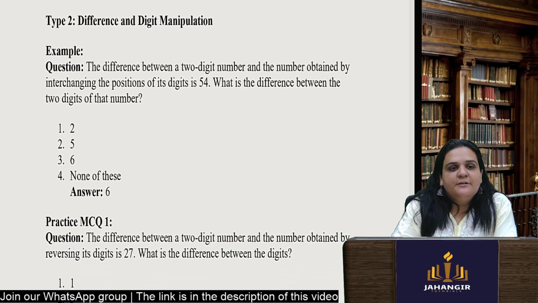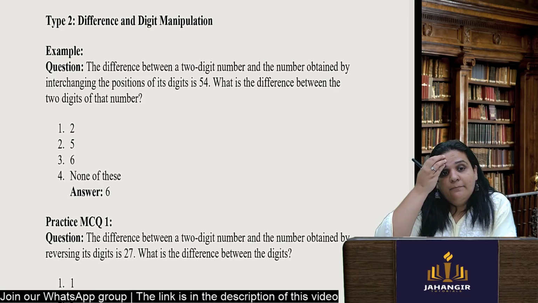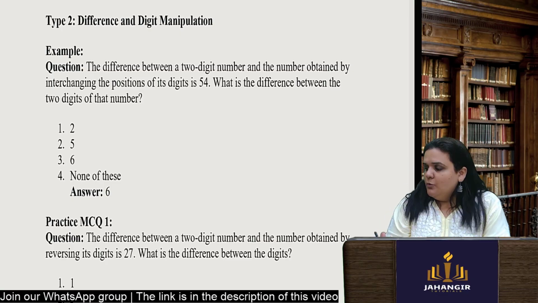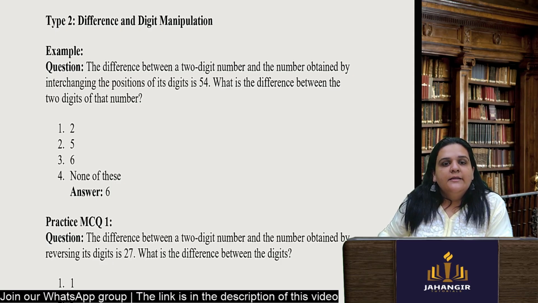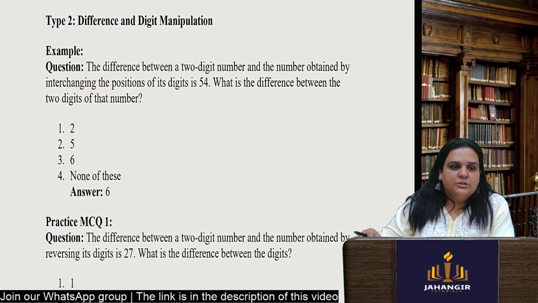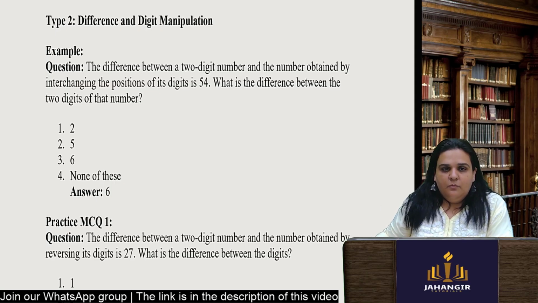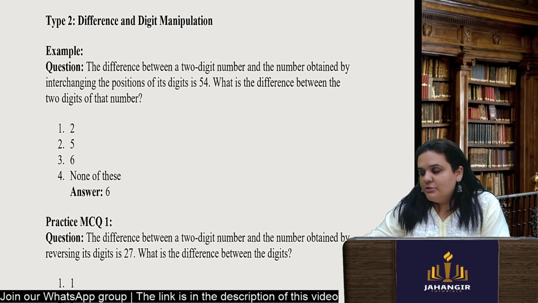Then there is difference and digit manipulation. The difference between a 2-digit number and the number obtained by interchanging the position of these 2 digits is 54. What is the difference between the 2 digits?